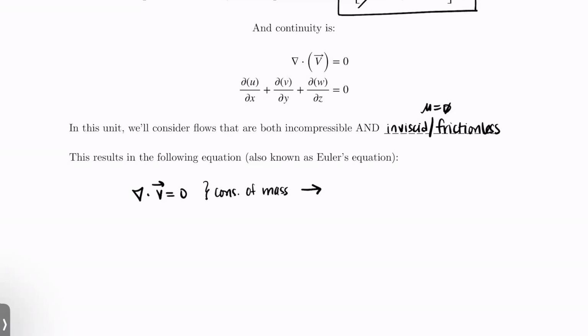And this translates to partial u partial x plus partial v partial y plus partial w partial z is equal to 0. And then momentum just becomes density times the material derivative of velocity is equal to rho g minus the gradient of pressure.